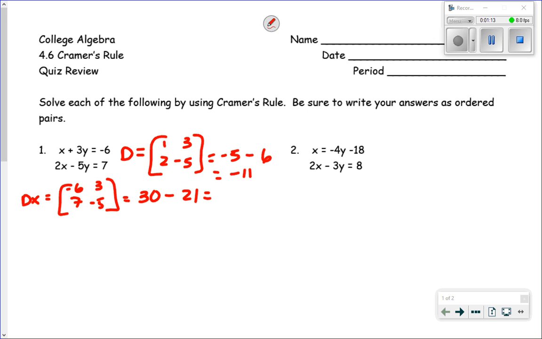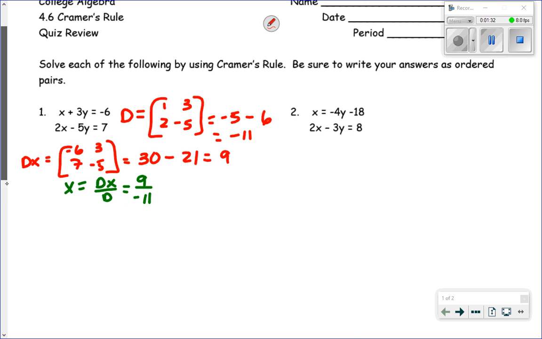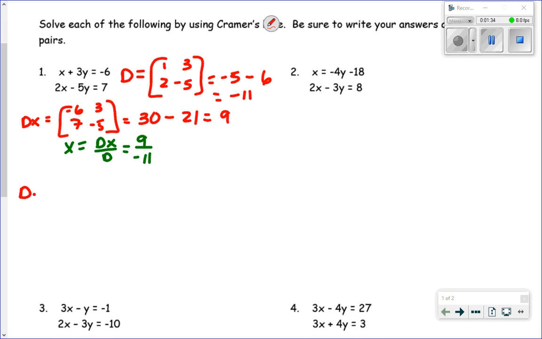And simplify that, I'm going to get 9. Then, to solve for x, is dx over d. So that's going to be 9 over -11. And we want to simplify that in lowest terms, and that is lowest terms. So x is done.